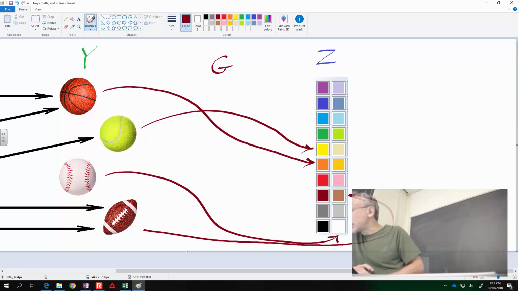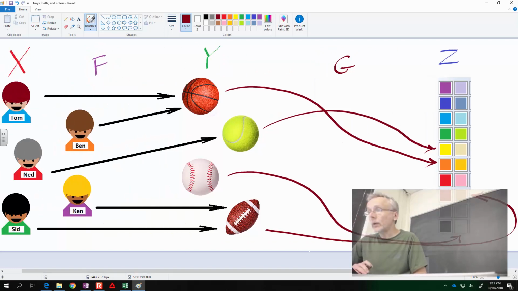I don't see any better match. Okay, I have built a new function, like I said, from balls to their colors. That's a new function which exists entirely apart from the function that we just considered. Seemingly, but if we now zoom out, we can actually combine these two functions into one.